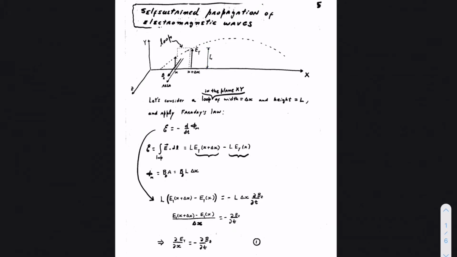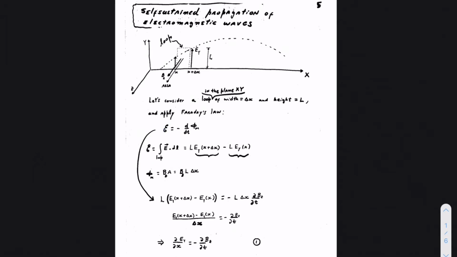Now Faraday's law tells us that the electromotive force induced in this loop is equal to minus the rate of change of magnetic flux through this loop. The induced electromotive force can be found out by this line integral.